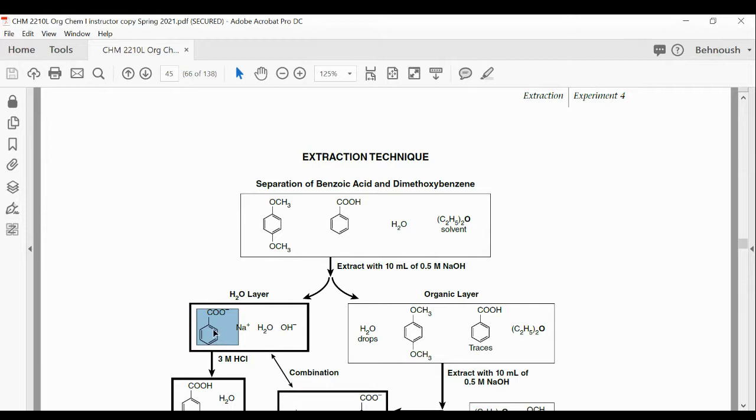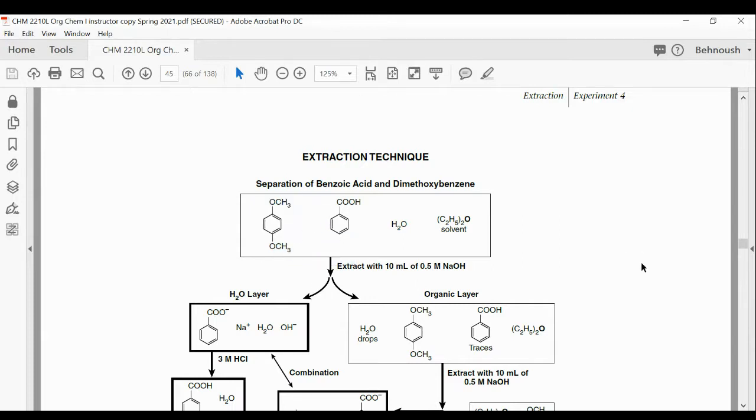The solubility of sodium benzoate is much higher, a few times more, in water than in ether, so it is going to be extracted into the aqueous layer. But dimethoxybenzene is maybe 10 times more soluble in ether than water, so that stays in the ether layer, or organic layer.